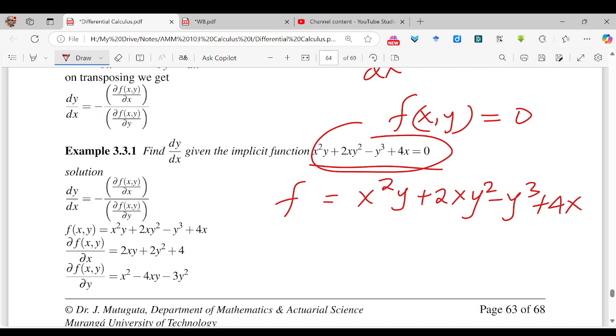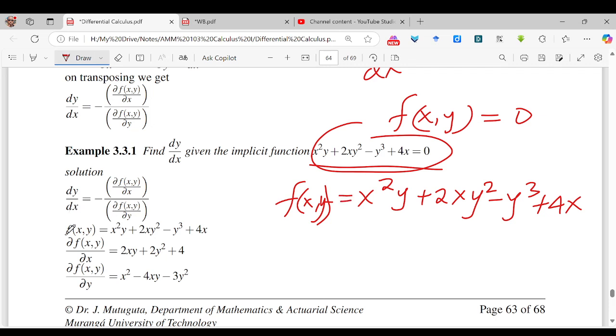All that we need is to differentiate f partially with respect to x and partially with respect to y. And remember, this f is a function of x and y. It is not just f, it is f which is a function of x and y.